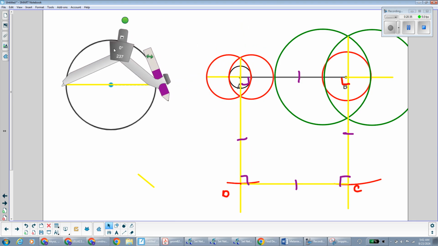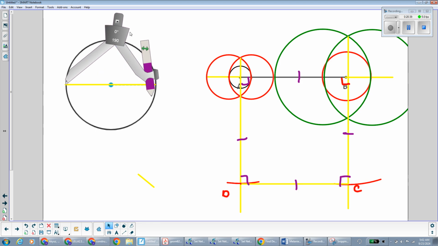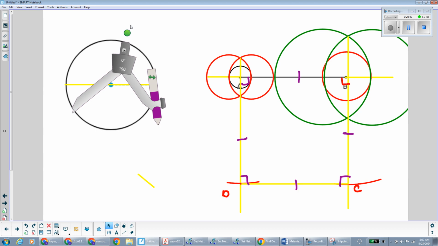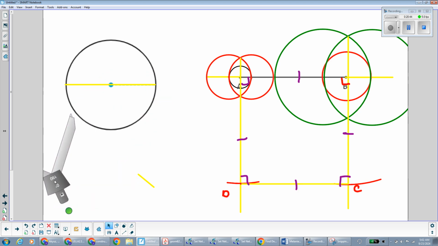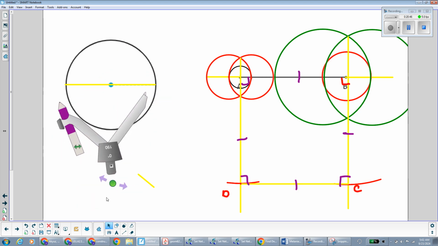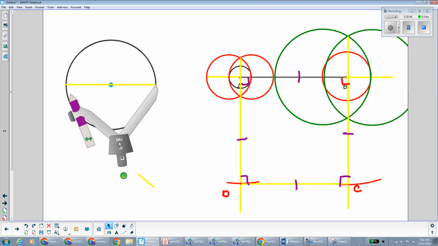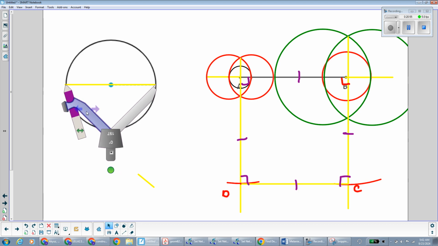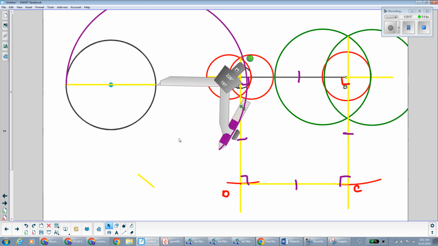So we're going to go over to one of the endpoints, and open up as best as I can to the other endpoint, and swing a circle.